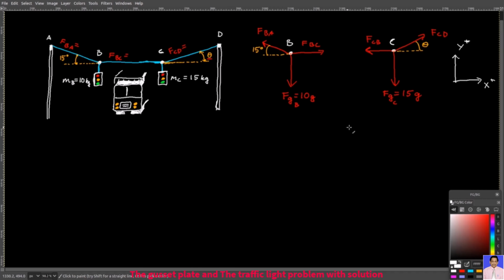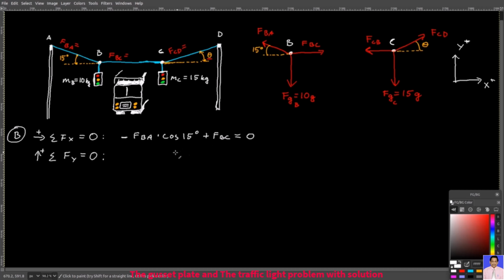And so now that we have two free body diagrams, let's apply our equilibrium principle. Let's first do it for point B. Again, the sum of all the forces in the x direction must equal 0, and the same thing in the y direction. So this is the equation in the x direction, this is in the y direction, and now let's do the same thing for point C. We apply the same principle.